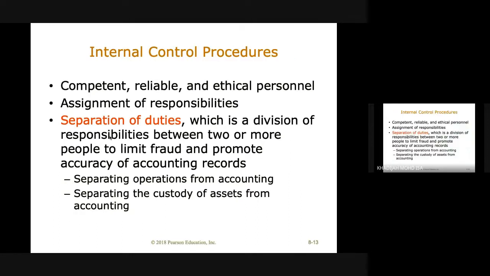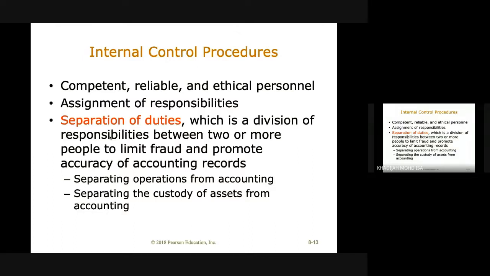All right, separation of duties is a division of responsibility between two or more people to limit fraud and promote accuracy of accounting records. For example, we're talking about the handling of cash. You cannot have the same person doing 2 or 3 different tasks related to the cash.